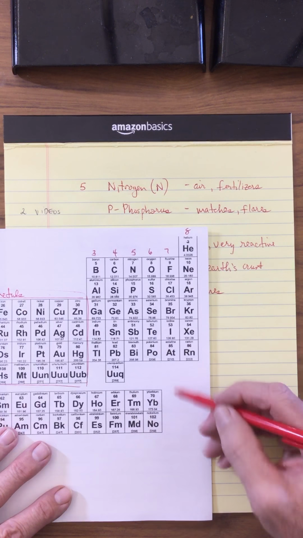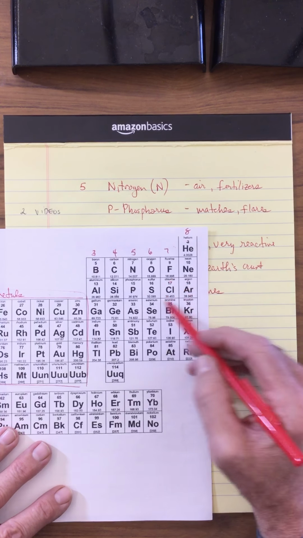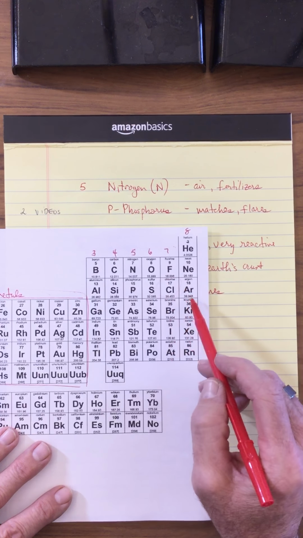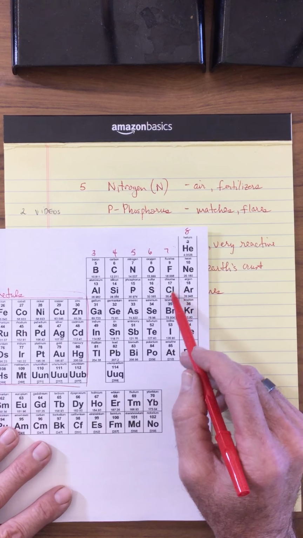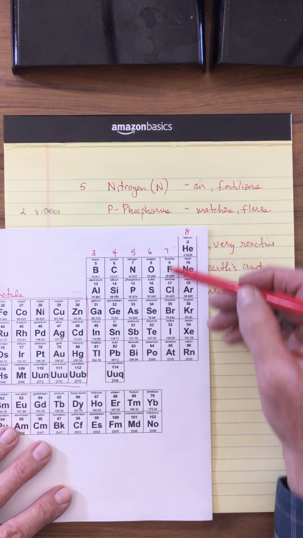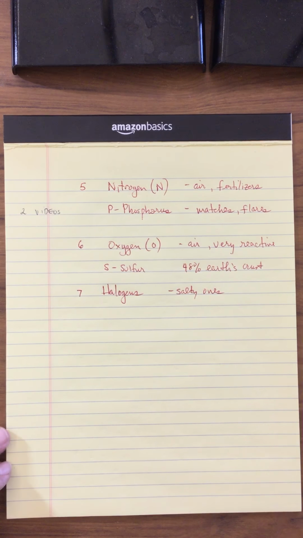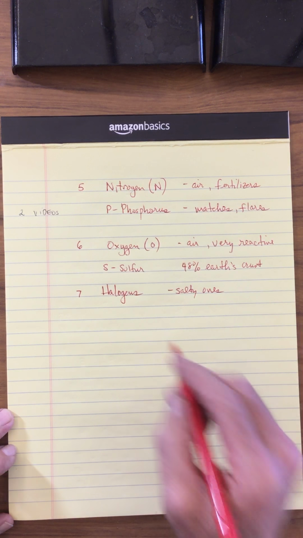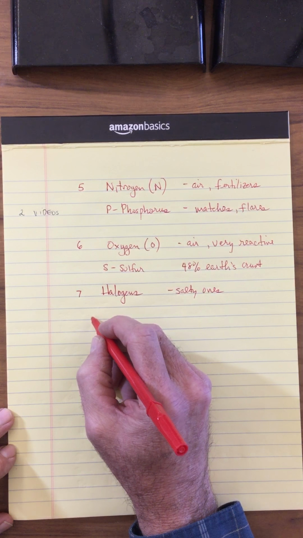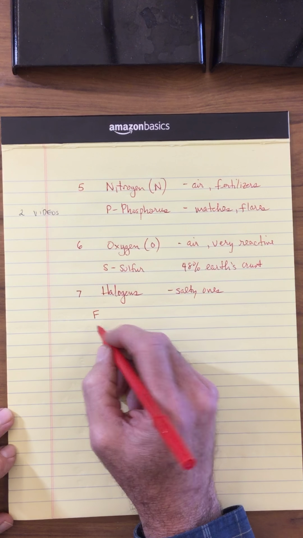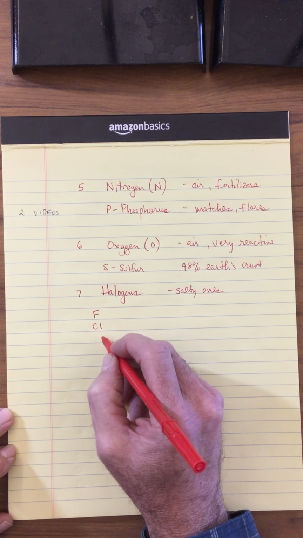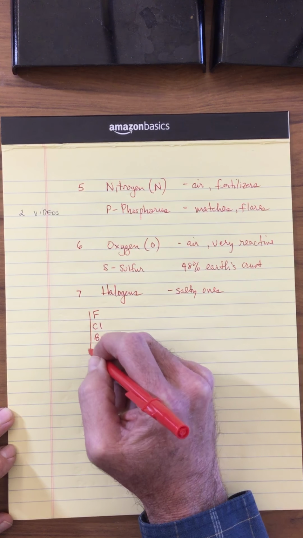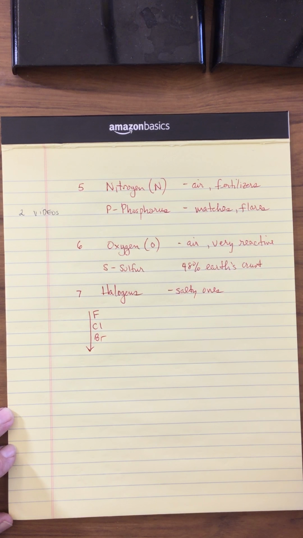The reason is that within this group we have chlorine, and inside of salt we have sodium chloride. So halogens include fluorine, and going down you have chlorine, and then you have bromine going down your group like this.